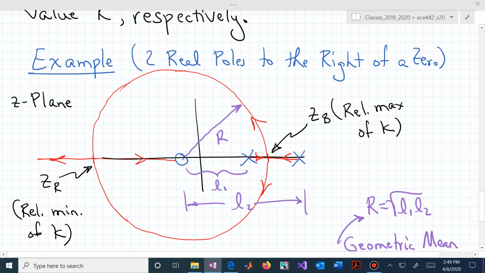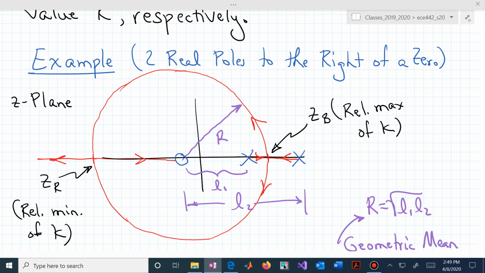How many branches of root locus do we have? How many open loop poles do we have? How many x's do you see on the diagram? You have 2 x's, you have 2 open loop poles, you have 2 root locus branches.